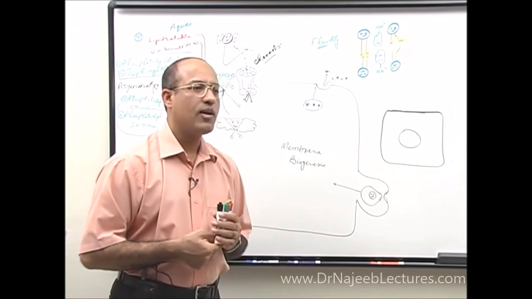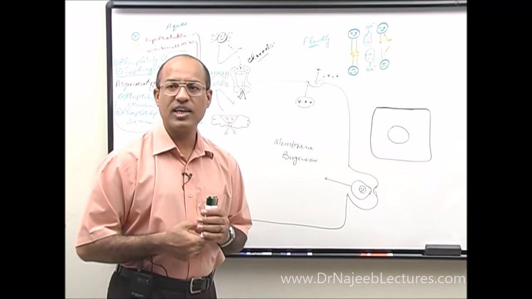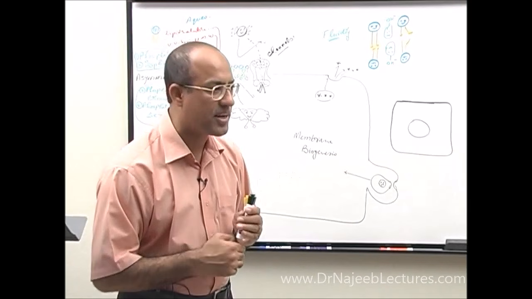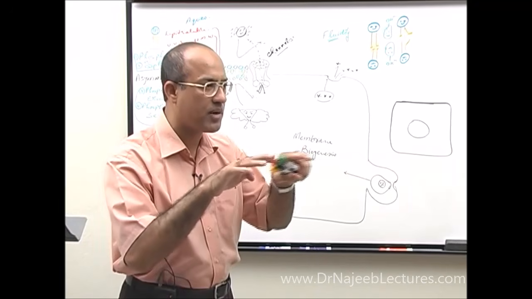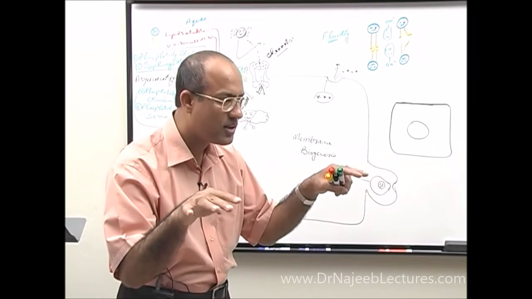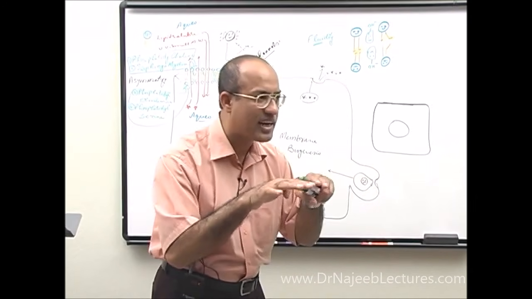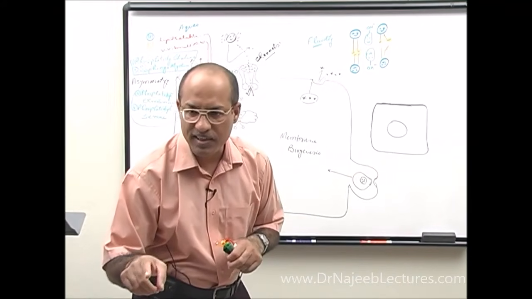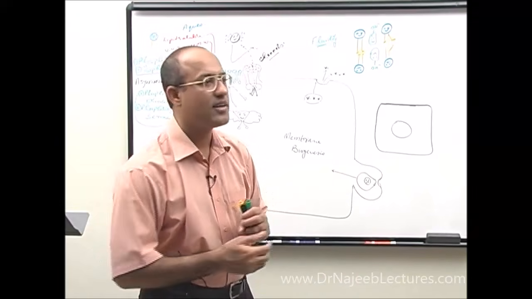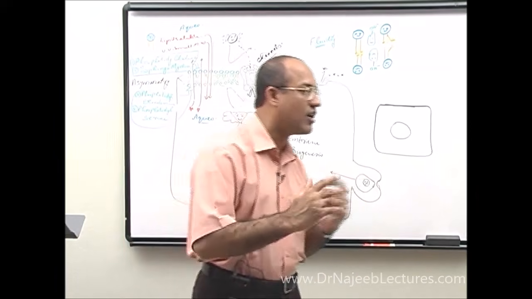Now, what are the factors which can alter the fluidity of the membrane? For example, if phospholipid molecules can more freely move, we say the membrane is more fluid. And if the movement is relatively less free, we say the membrane is less fluid. Now, do you know any factor which can alter fluidity?